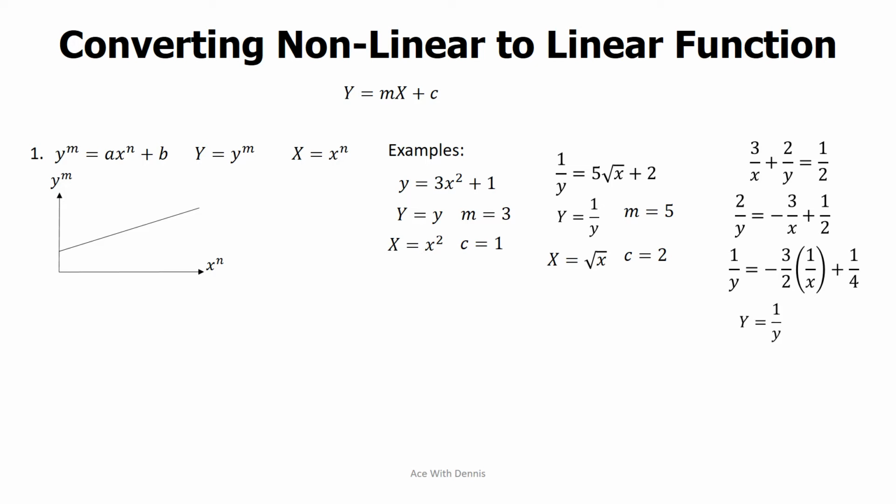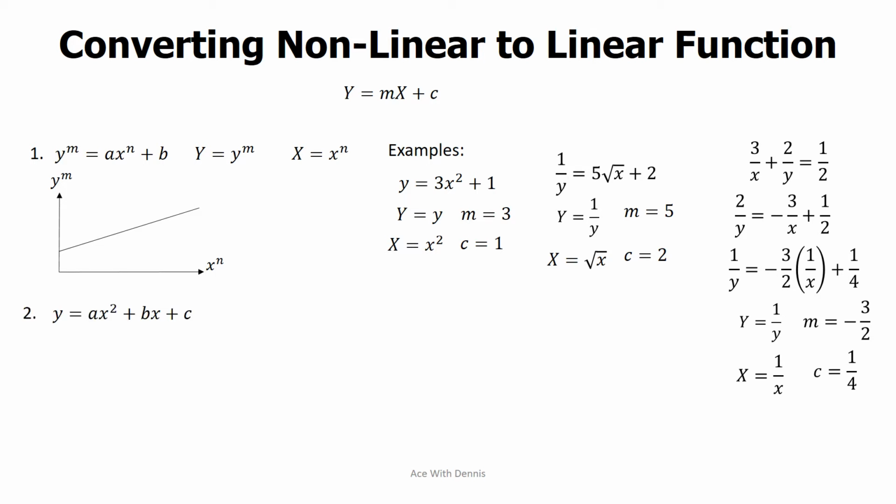From here, we can let capital Y equals 1 over y. The gradient is negative 3 over 2. Capital X is 1 over x. And the c is 1 over 4. So this is the first case where the nonlinear function is in the form of y to the power m equals a x to the power n plus b.